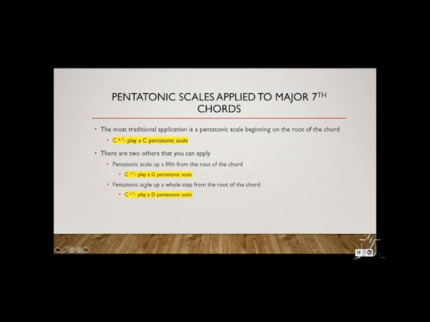So in the case of a C major 7th chord, you would play a D pentatonic scale. This scale gives you the sharp 11 sound if you go up a whole step and play that pentatonic scale.